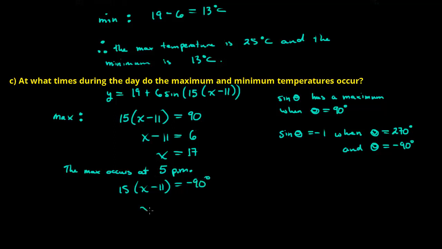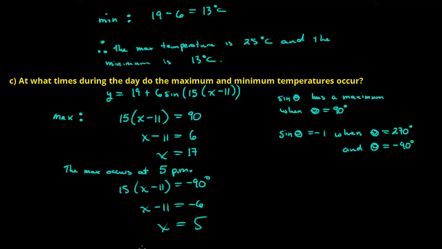If we solve this equation, we get that x minus 11 is equal to -6, and so x is equal to -6 plus 11, which is equal to 5.